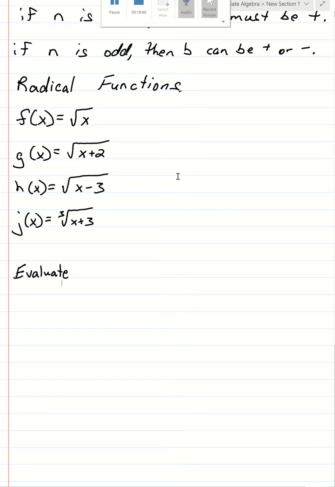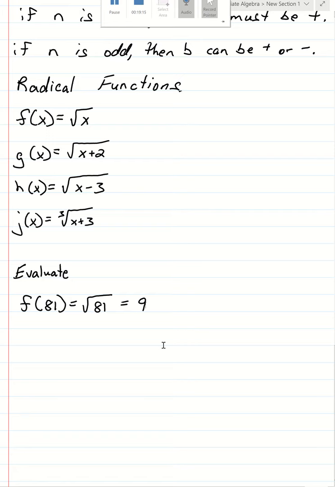So I could ask you to evaluate, let's say, f of 81. In which case, using my function f of x, I have to take the square root of 81. And the square root of 81, what number would I have to square to get 81? The answer would be the number 9.